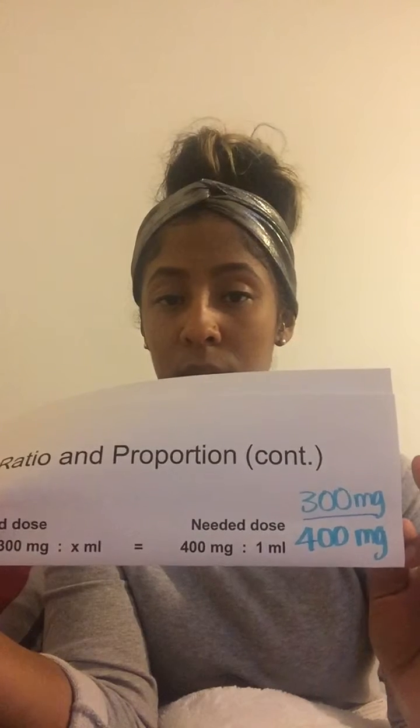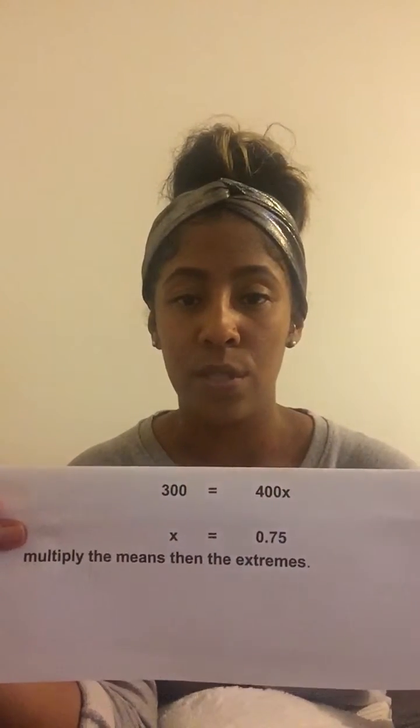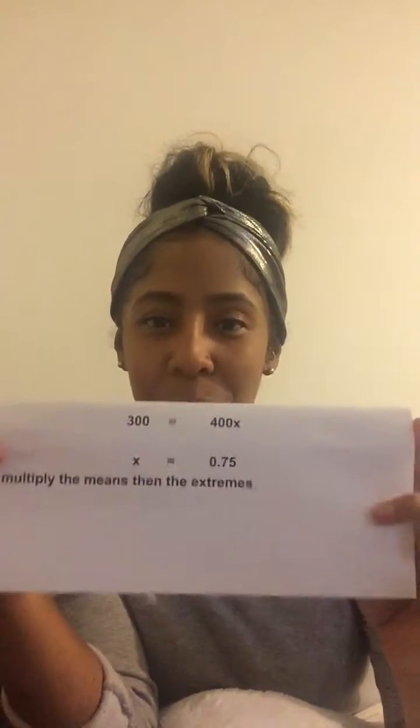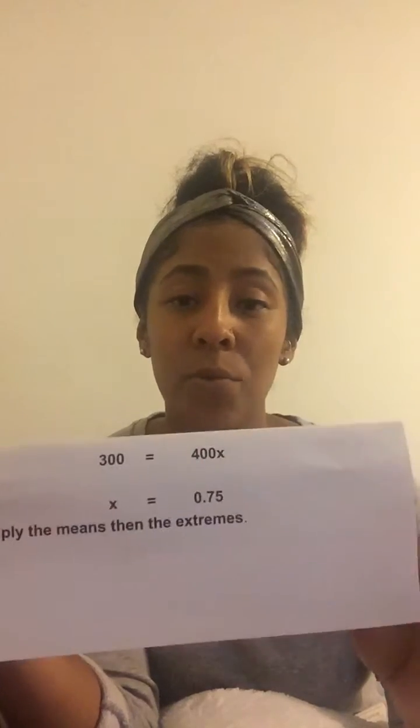So again, you're going to times that, get this number, and times your supplied method. So your supplied method would be times 1 milliliter. Then you would get your answer, which is going to be 0, messing up again, 0.75. All right, so that was one example. I did write some more, so if you guys didn't understand that completely, I have more, don't worry.